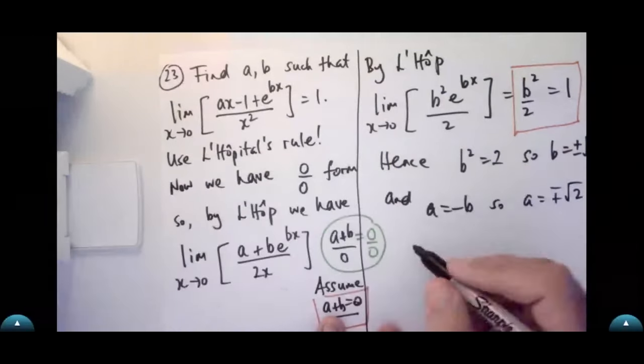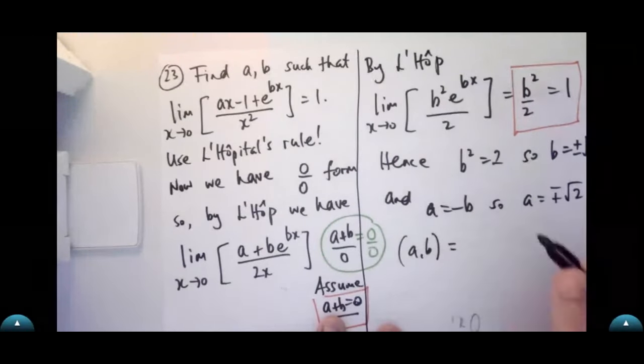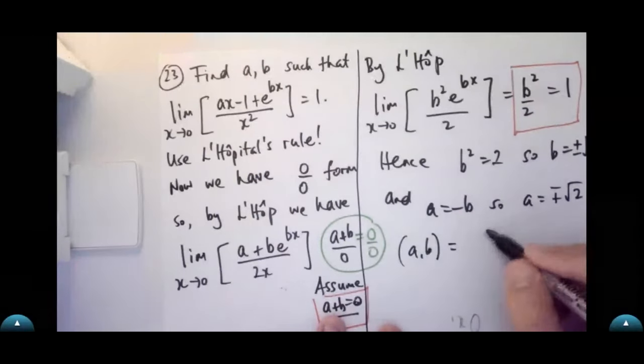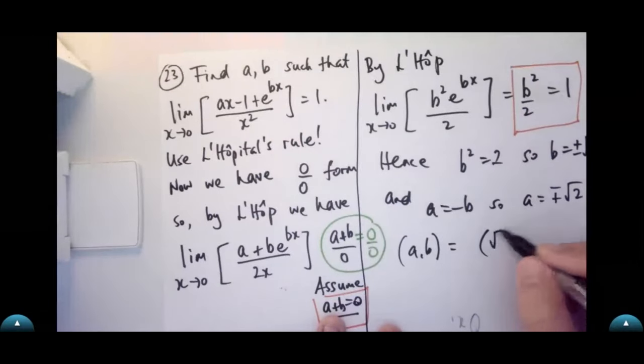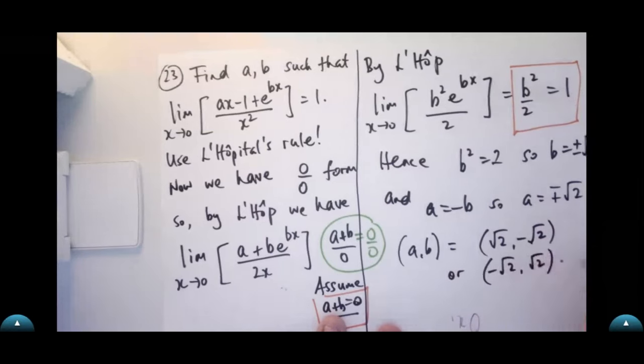So our two values are root 2, negative root 2, or negative root 2, root 2.